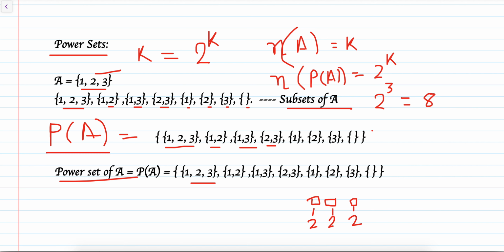So in total there would be eight possible ways to select these. So if there are k elements, for each element either we select it or not, so we will have 2 raised to the power k elements in the power set. If you are asked a set has 10 elements, how many subsets of that set are possible, then you will say 2 raised to the power 10.